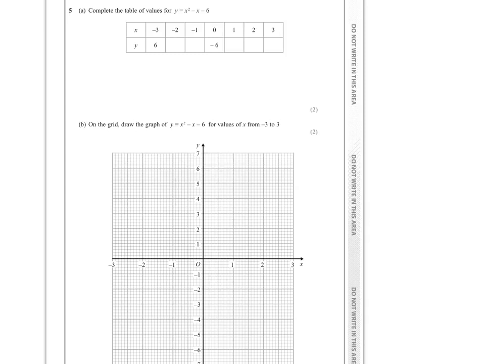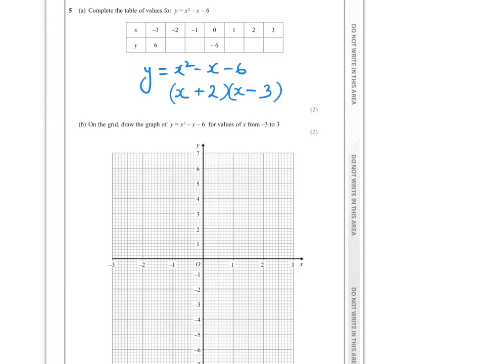Question 5, we have to complete the table of values for y equals x squared minus x minus 6. And I've noticed here that this can factorise. You may not notice that, it doesn't really matter. So 3 and 2, start with a minus and just add 2.